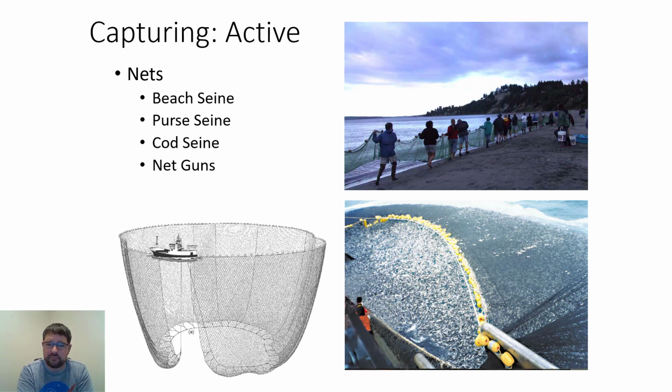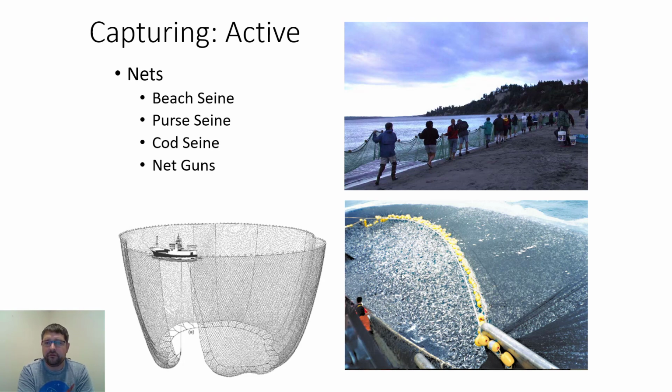This is another example of a seine method, which we call a cod seine, which is very similar to a purse seine, but it's just dragged through the water, and you have a large cod end which all the fish get crammed into, and then it can all be drawn onto the boat, and the fish can be picked through.